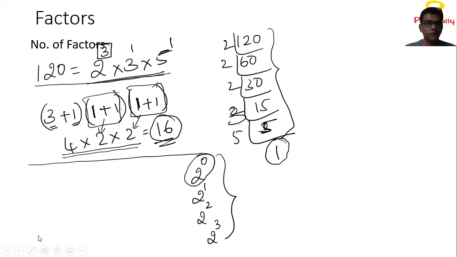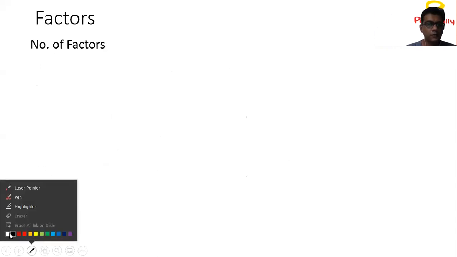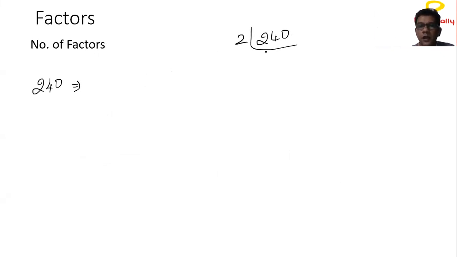Now I'm going to do one more so that you all understand this. Those who have understood, good. Those who haven't understood, please try to understand now. Let's take any other number, say 240. It's important that I break 240 into prime factors.